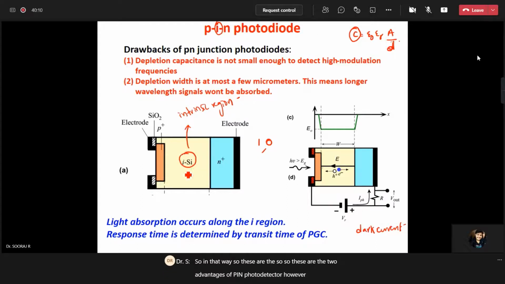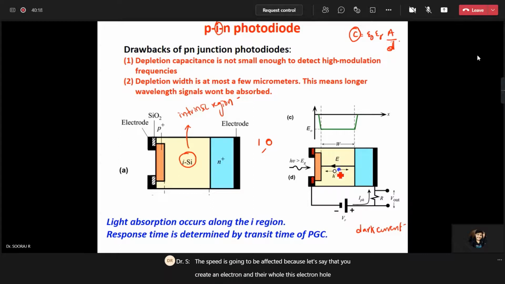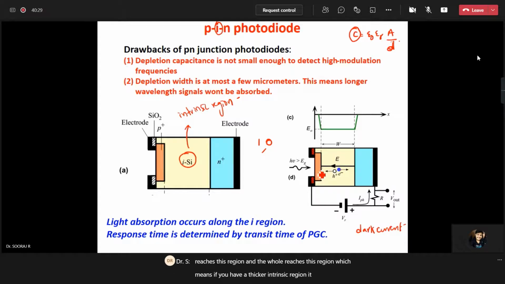However, the disadvantage is that the speed is going to be affected, because let's say that you create an electron and a hole. This electron and hole that are generated inside will not be detected until this electron reaches this region and the hole reaches this region, which means if you have a thicker intrinsic region, it takes a longer duration for electrons and holes to travel through the semiconductor material and reach the electrodes. So the thicker the intrinsic region, the longer the electrons are going to take.